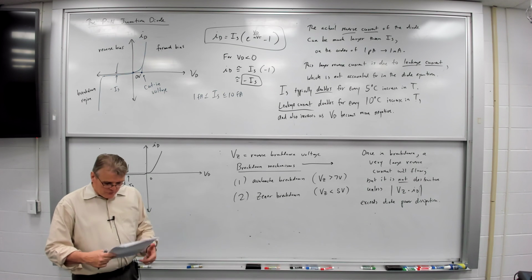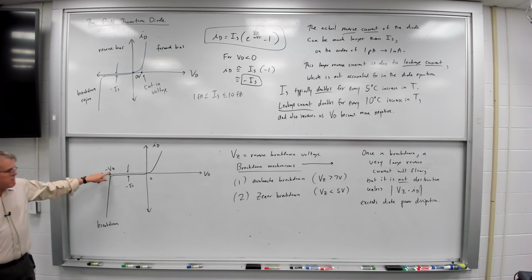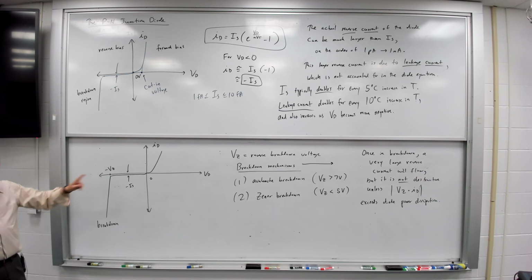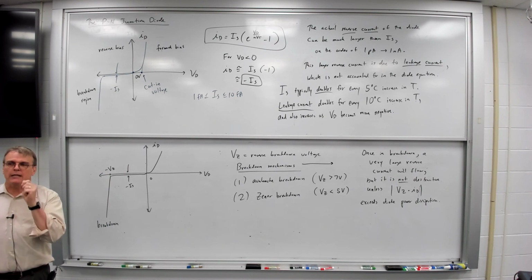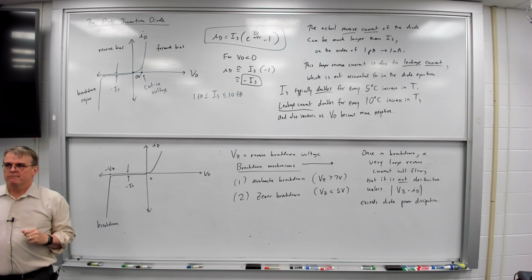But it turns out there's something very interesting about breakdown. We can make that VZ value very predictable. We can actually engineer a diode so that it always breaks down at a certain value that we can predict.